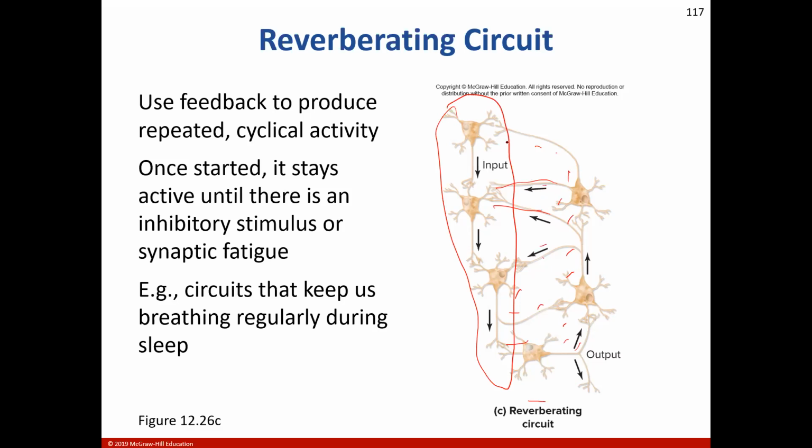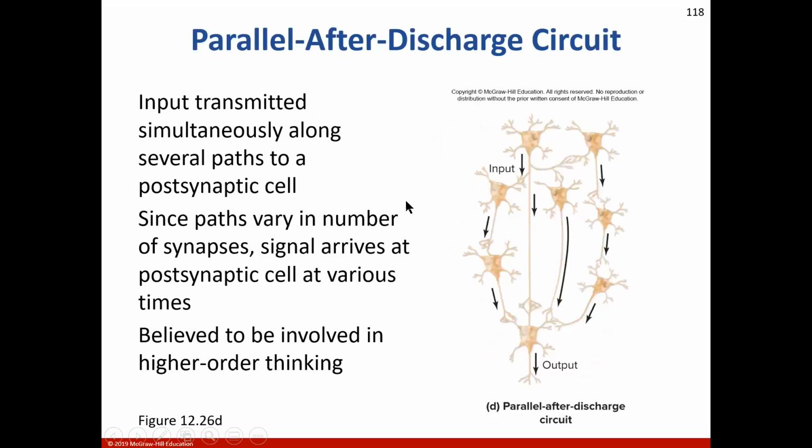So this is a reverberating input coming in from back, and you can see how it's going up and around, and could have something to do with your short-term memory as well, but also autonomic, getting us breathing and not overinflating our lungs. Again, we're not going to do respiratory here. I just need you to know the different types of circuits. We're not going to see every circuit, of course.